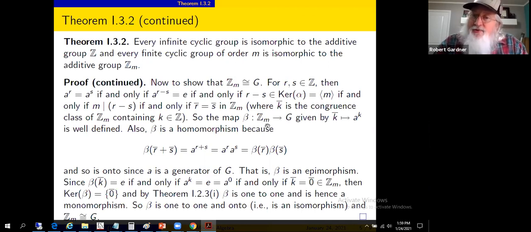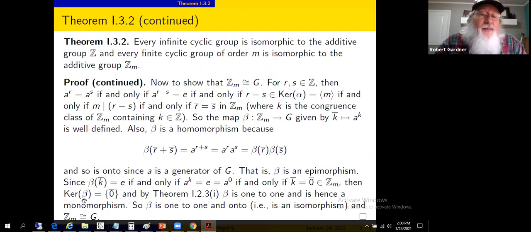We're dealing with the integers mod m. The integers have as elements integers. Integers mod m, Z sub m, has as its elements equivalence classes. There's sets of integers, not integers themselves. So it's a little subtle when you first encounter it, in terms of what Z sub m really is, but it contains equivalence classes.